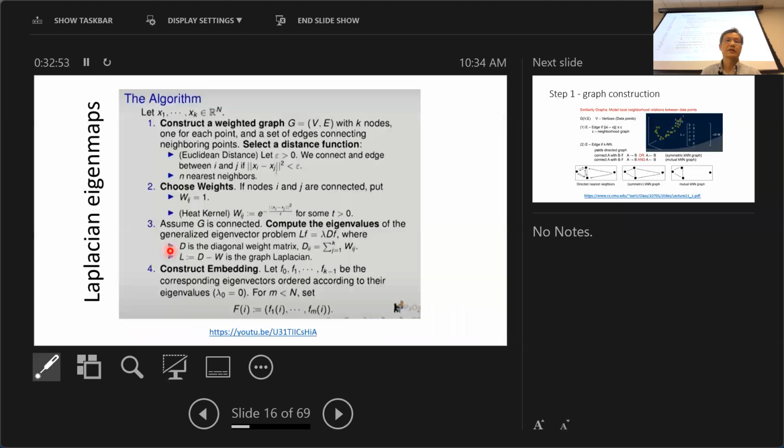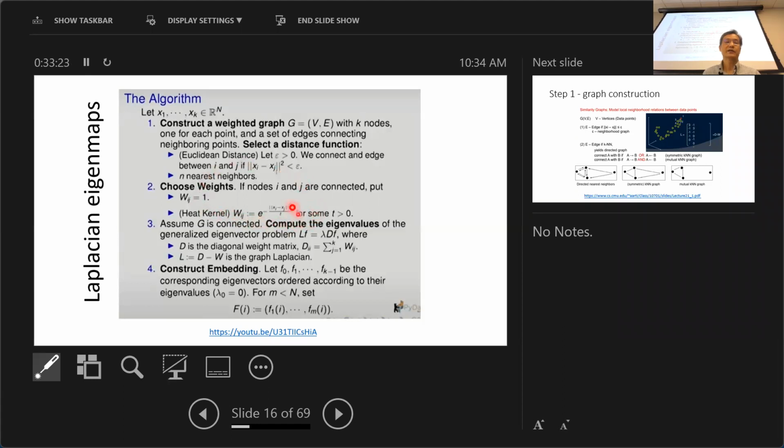Let's see. Okay, this is the description of the whole algorithm. There are multiple steps. So we will use small examples to illustrate, but the main thing is here. You start from a distance matrix, basically. Okay, then you apply the kernel. So heat kernel, Gaussian kernel, almost the same.